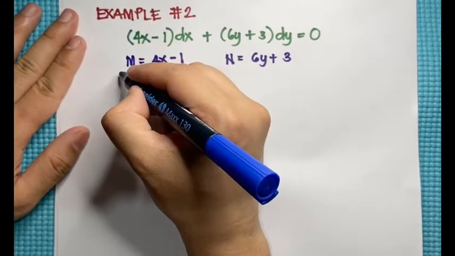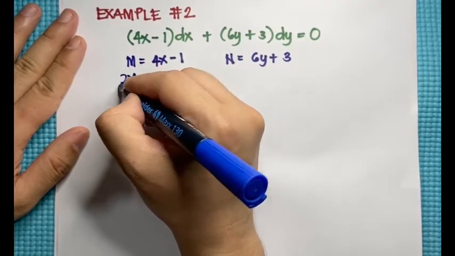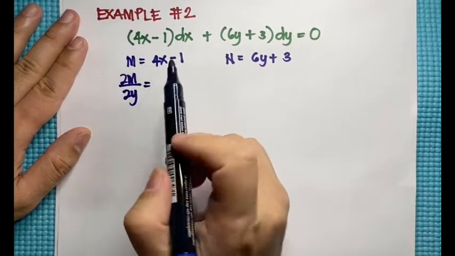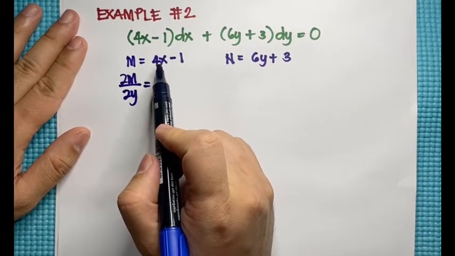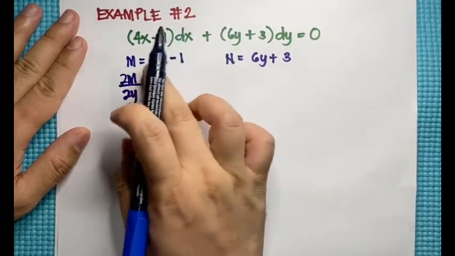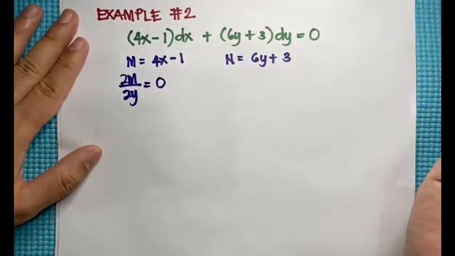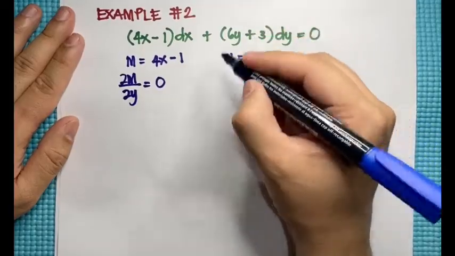And testing the exactness of the differential equation, we're going to derive m with respect to y. You can see here there's no y in 4x minus 1, so everything is considered to be constant and its partial derivative is equivalent to 0.